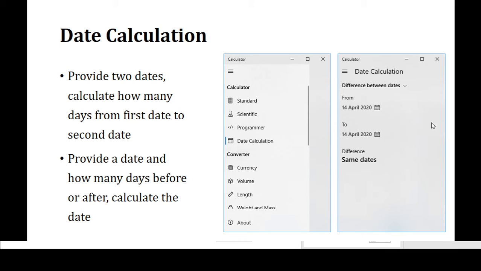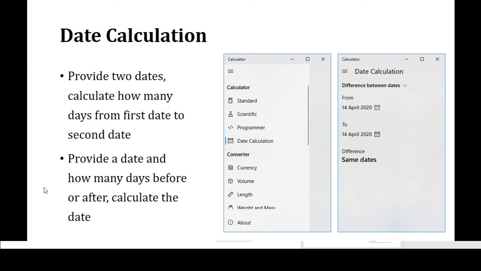Now, the third calculator that I want to highlight is the date calculation calculator. And here there are essentially just two functions, right? The first function, you provide two dates, and it gives you the number of days between the two dates. So just provide the first date here and the second date there, and it tells you how many days in between.